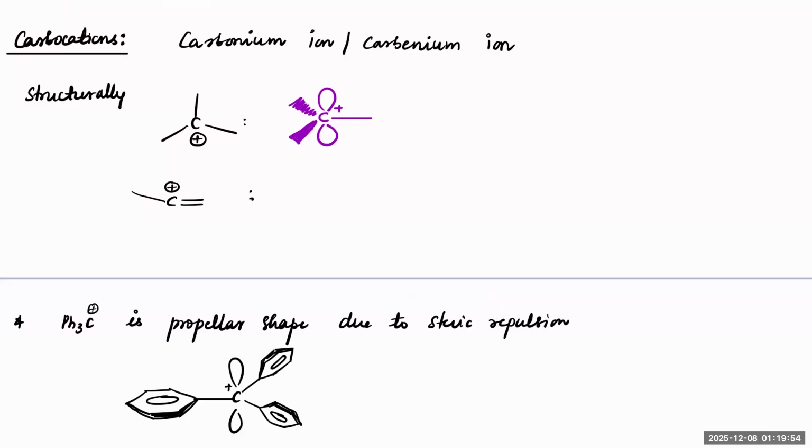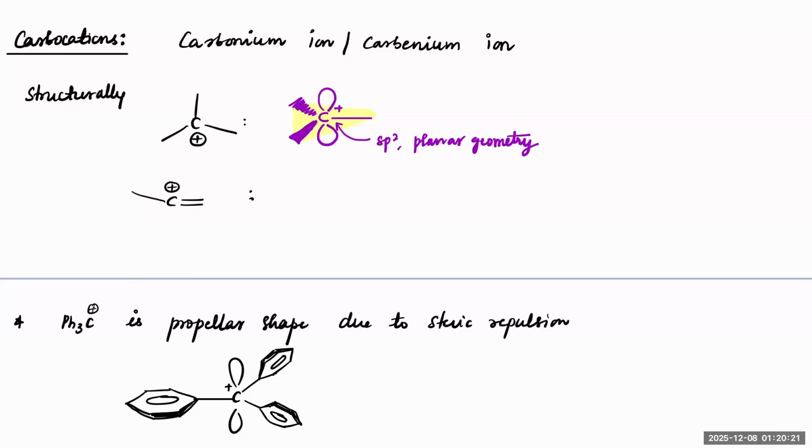So that makes this particular group, all three bonds are on one particular plane. And this lobe is above the plane and this lobe is below the plane. So that makes this carbon sp2 hybridized and planar geometry.